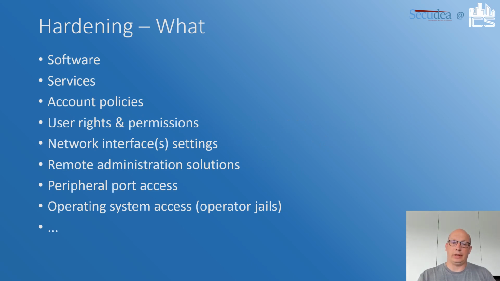Meaning software, all installed software packages, not only the operating system software, but also additional packages, services. So it's not enough to only stop the service, but it's also key to investigate when or if you can disable services so that they cannot start up again after you have launched something else.